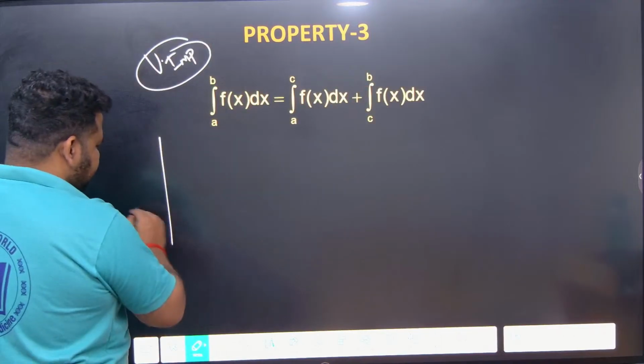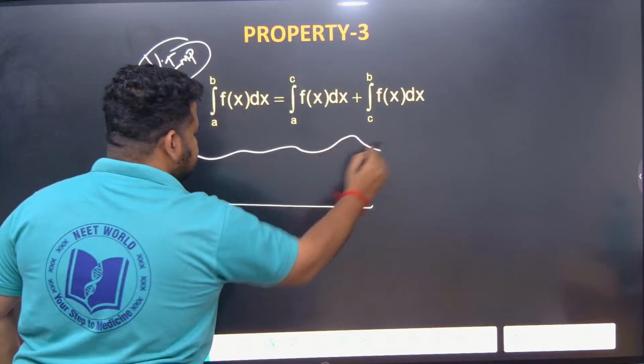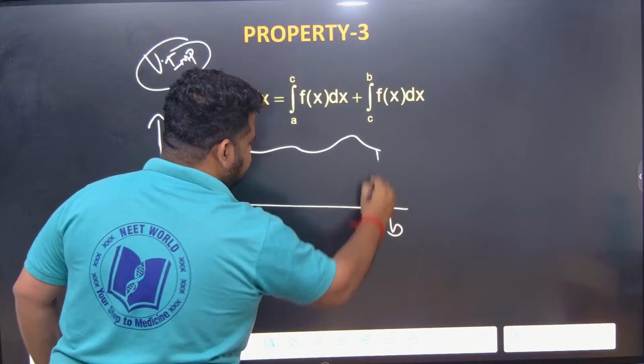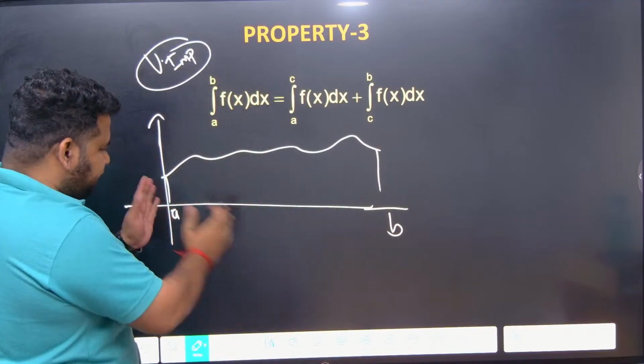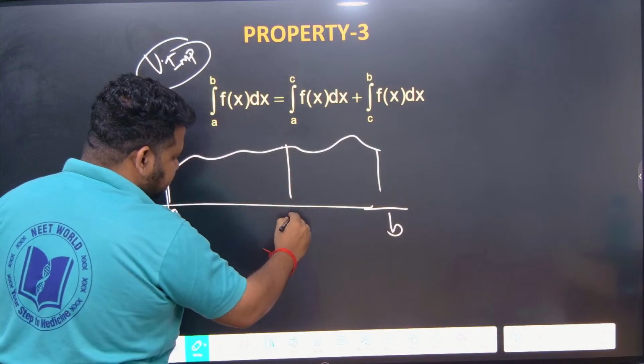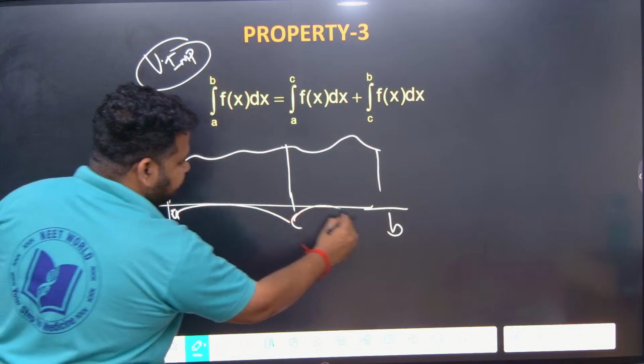Let us take the graphical interpretation of this property. Suppose we have a curve like this, with 2 points a and b. You have to find the area between a and b. Instead of finding it from a to b together, you can take a midpoint or any point c, such that first you find the area from a to c, then from c to b.